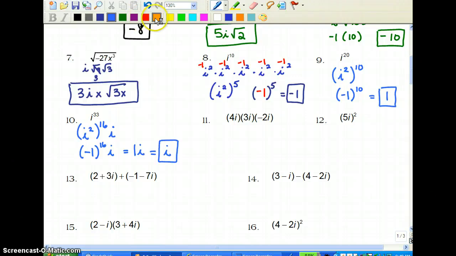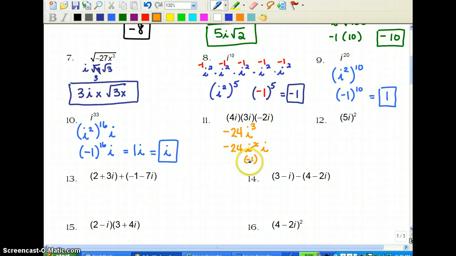Number 11. Multiply. 4 times 3 is 12, times negative 2 is negative 24. Then I would have i to the third. Well, i to the third has an i squared in it. You always got to get the i squares out of there. So you might break that down to i squared times i. i squared is negative 1.